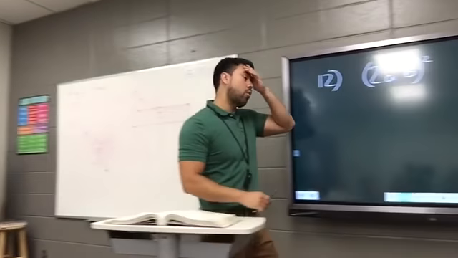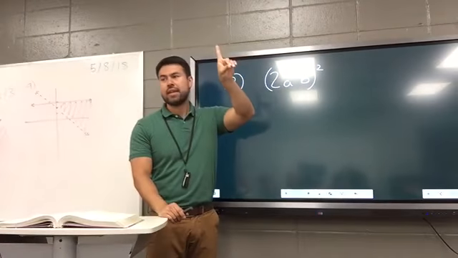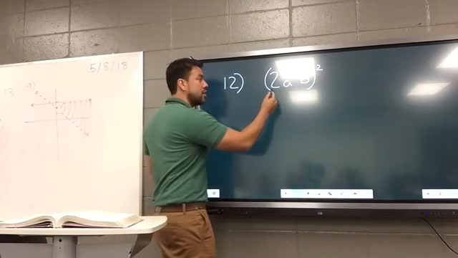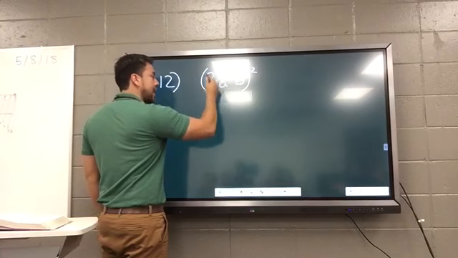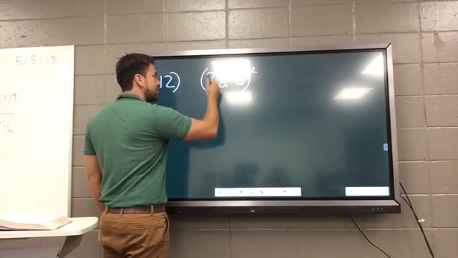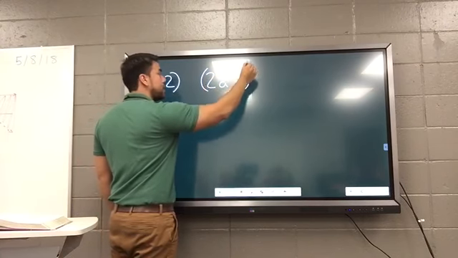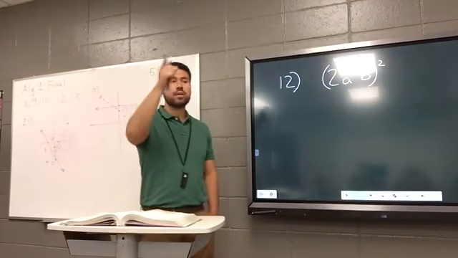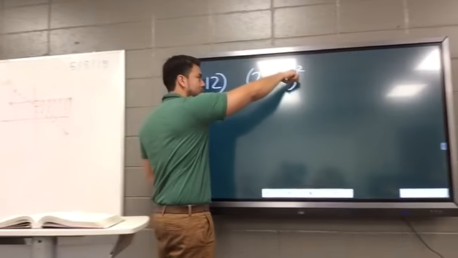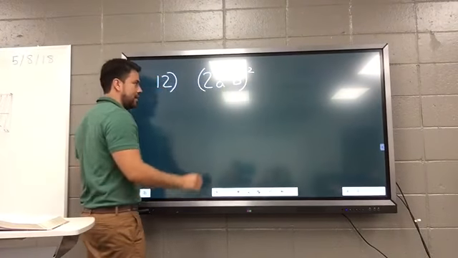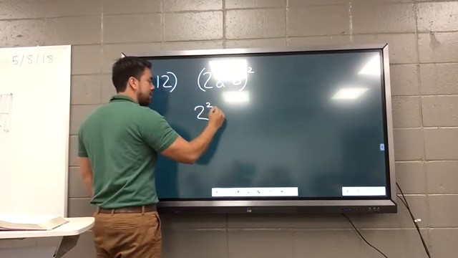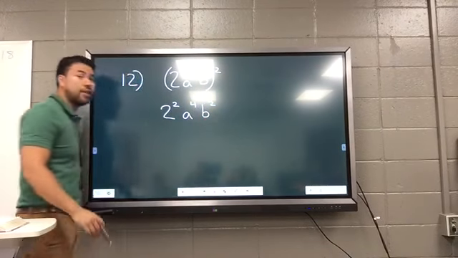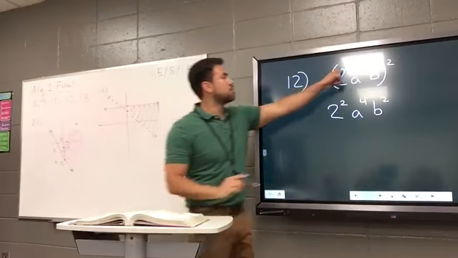So what's my order of operations first step? Parentheses. So I look here and can I make anything here simpler inside the parentheses? Nope. Now I can go to exponents. And that too means every exponent inside the parentheses needs to be multiplied by 2. So what do I get? 2 to the 2nd, a to the 4th, b to the 2nd. Every exponent got multiplied by 2.